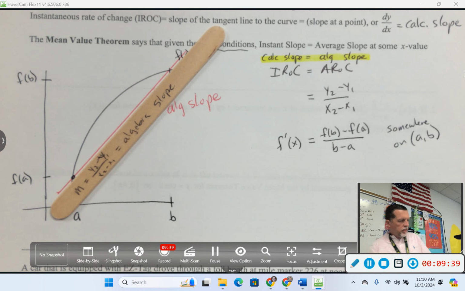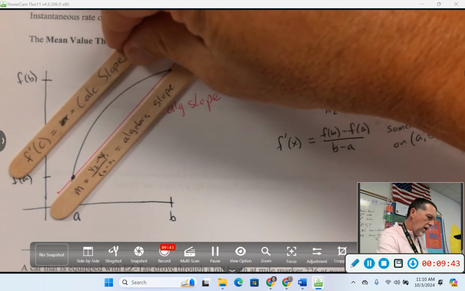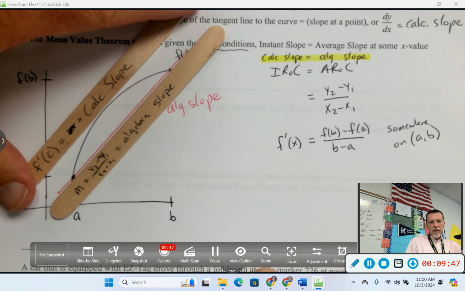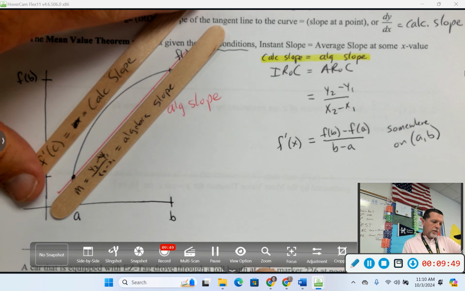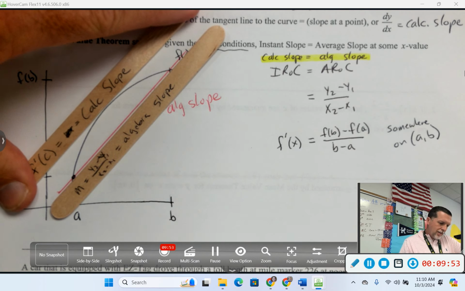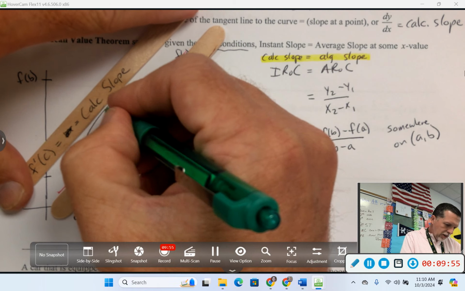So this MVT tells me, and my graph shows, that somewhere, right, parallel means same slope. So I put my other popsicle stick on there parallel and move it around until it meets the curve, looks like right about there.